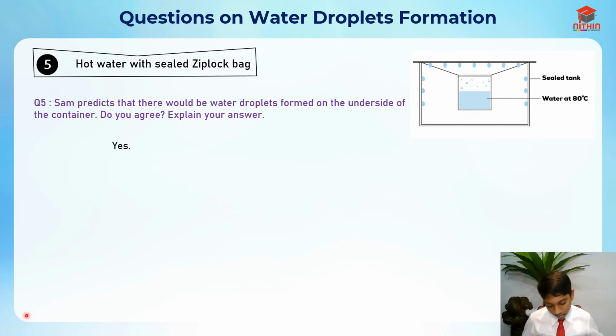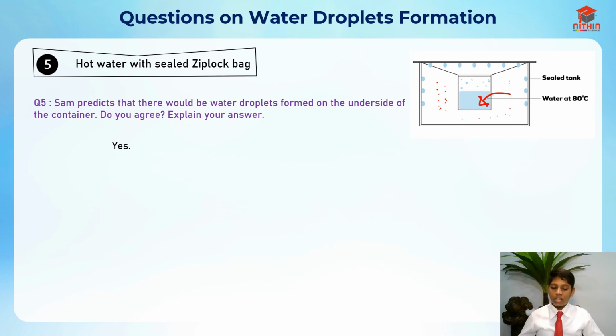Do you know why? It's just like the foggy mirror. The water vapor inside the box that we cannot see, I'm just representing it by some red dots, will actually gain heat from this water over here. Even though it's inside a Ziploc bag and it's sealed, it can gain heat because the surrounding air around it will already be hot.